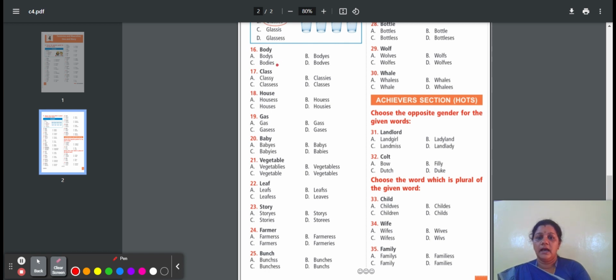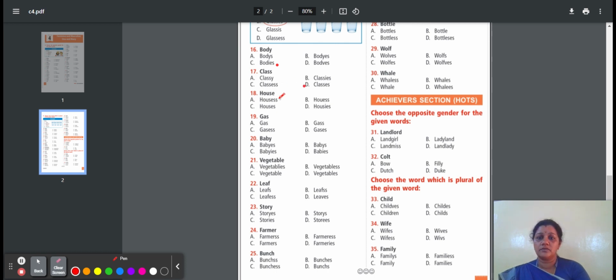Replace Y and add IES. Rest of the options are meaningless. 17th one, class. If the word ends with S, we have to add ES. So the option is D, classes. Rest of the options are meaningless.